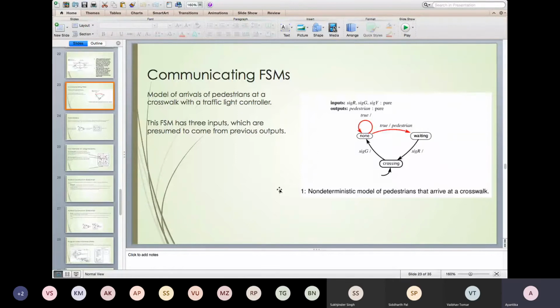Whatever may be the case, maybe I have just completed my crossing, or I am a pedestrian who is thinking whether I will cross or not. So this part from crossing to idle, this none state, means both.